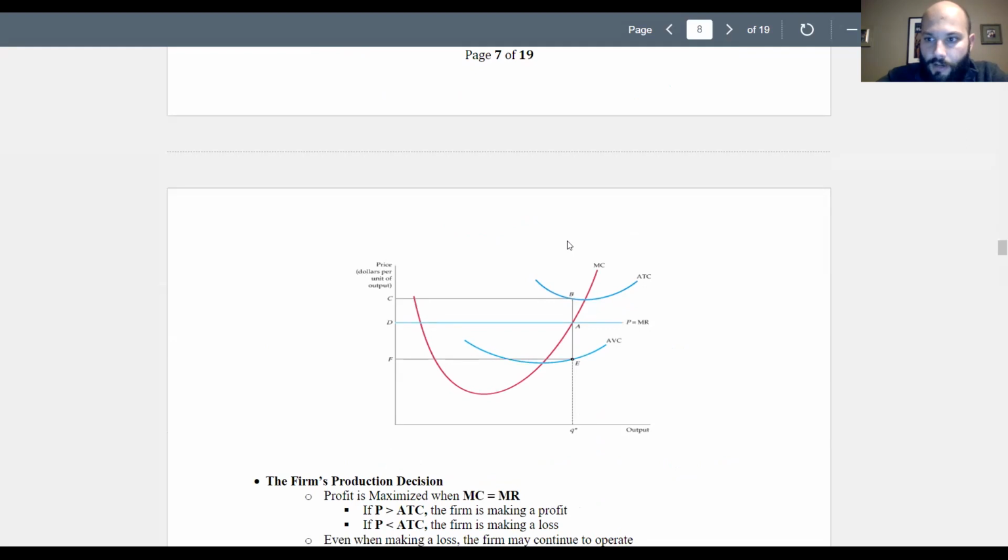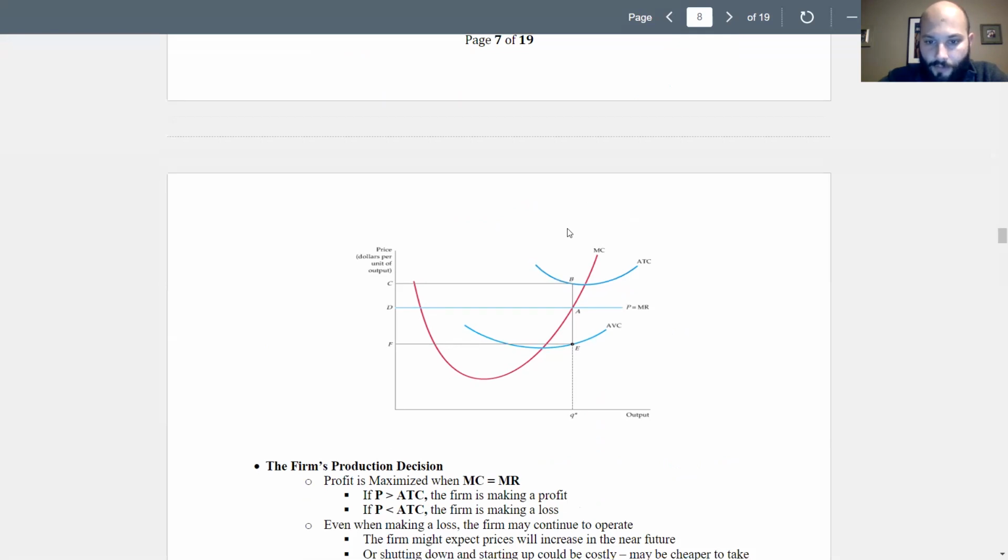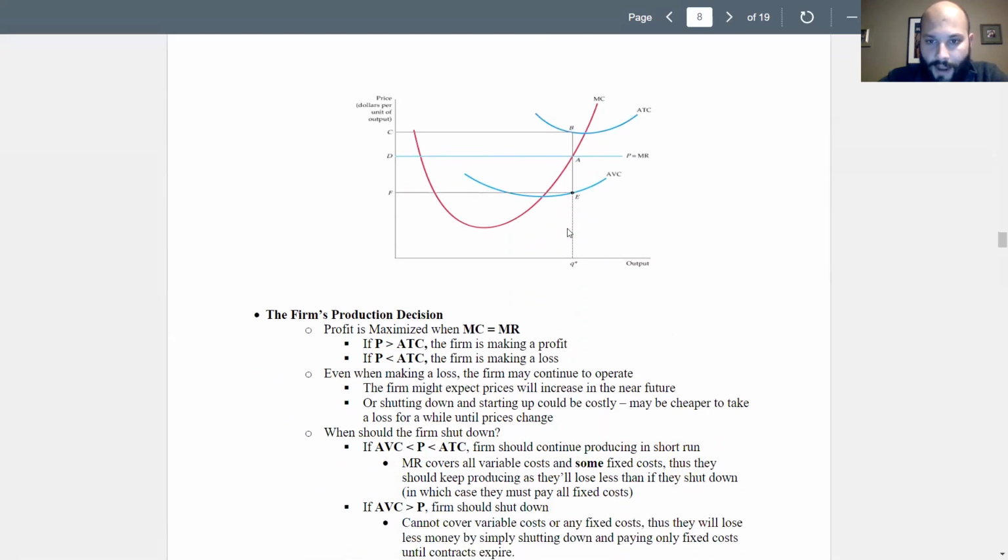So now we're going to talk about the firm's production decision in the short run, which is to produce a positive quantity or to shut down, meaning produce a quantity equals 0 in the short run. I find sometimes this is easier with numeric examples, so I've posted a note set that contains some numeric examples. I'll go through some numeric examples in a separate video here.